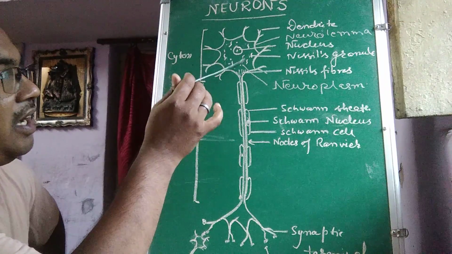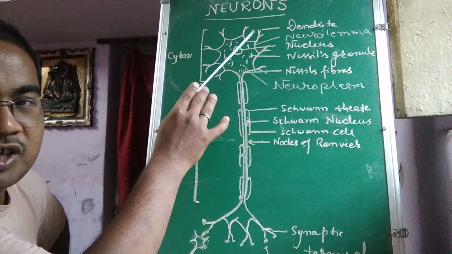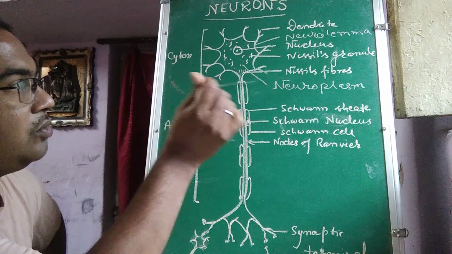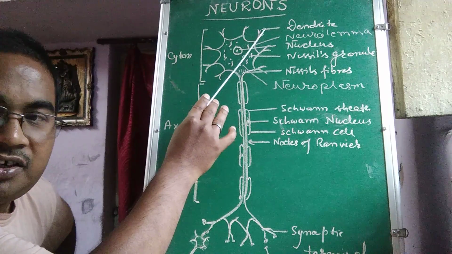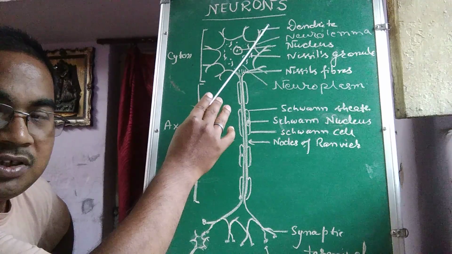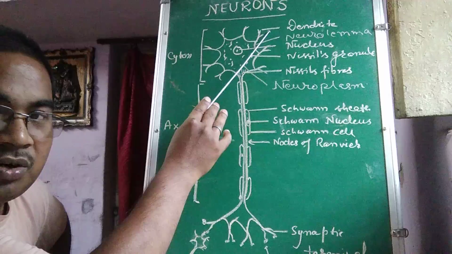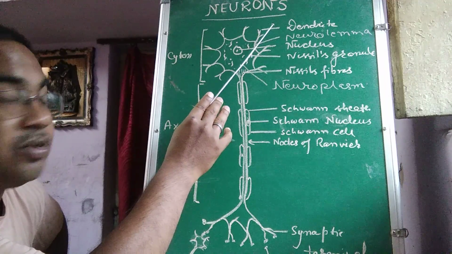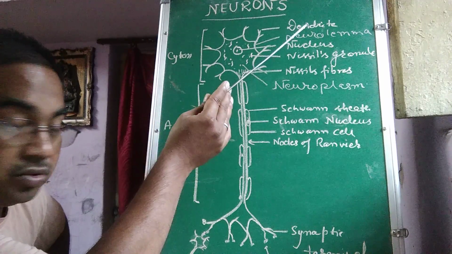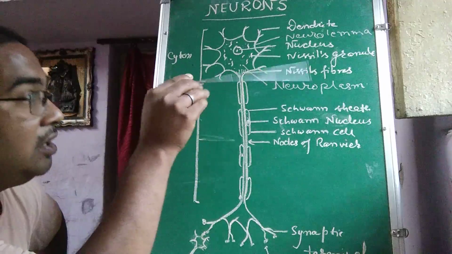The cell body has finger-like projections outside all around. This is called dendrite. Try to remember that dendrite is the part which connects two neurons. Okay, here dendrite is connected to. This is the separate figure, na?